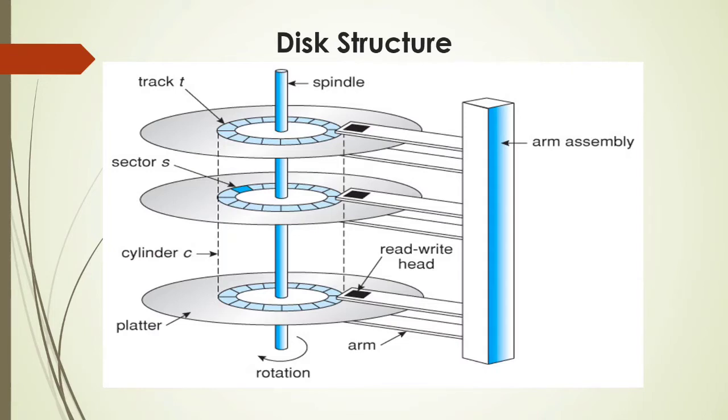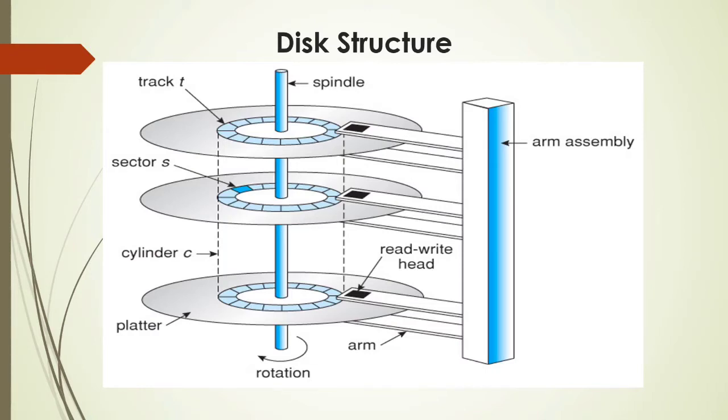So a track is divided into sectors, and these tracks put together form a cylinder, which connects all the platters together, and in turn the platters are attached to a spindle.